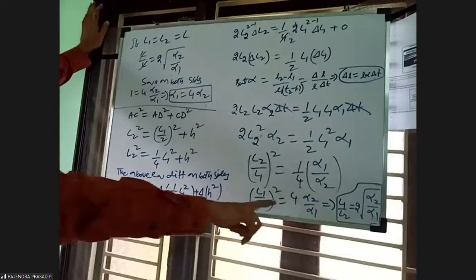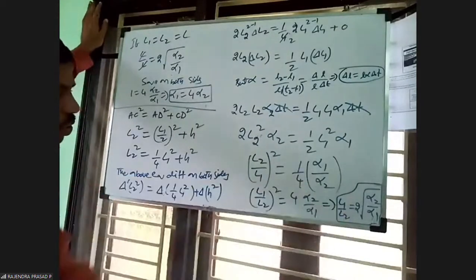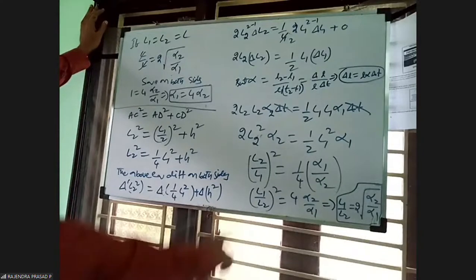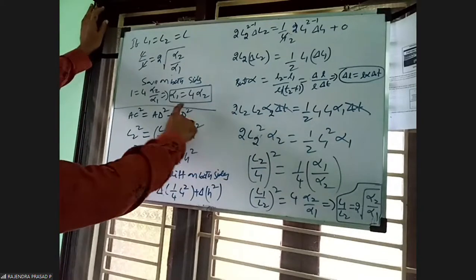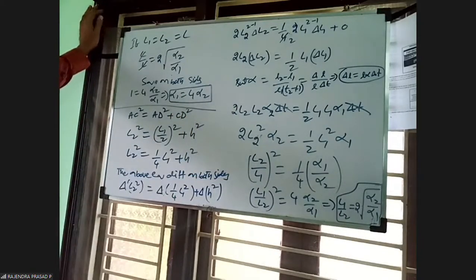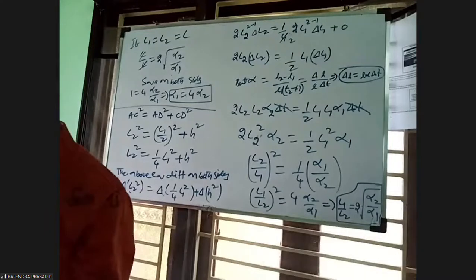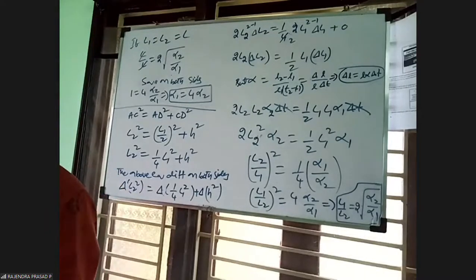So for different lengths, L1 by L2, the ratio of lengths, is calculated as 2 under root of alpha 2 by alpha 1. If lengths are equal, the relation between alpha 1 and alpha 2 is alpha 1 equal to 4 alpha 2. Sir, the ratio will be 4:1, no?